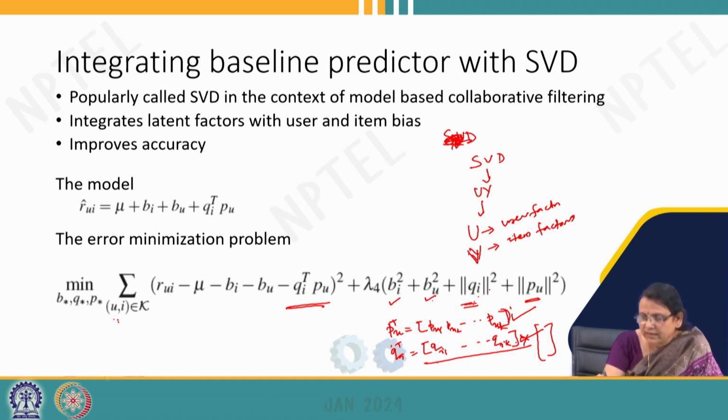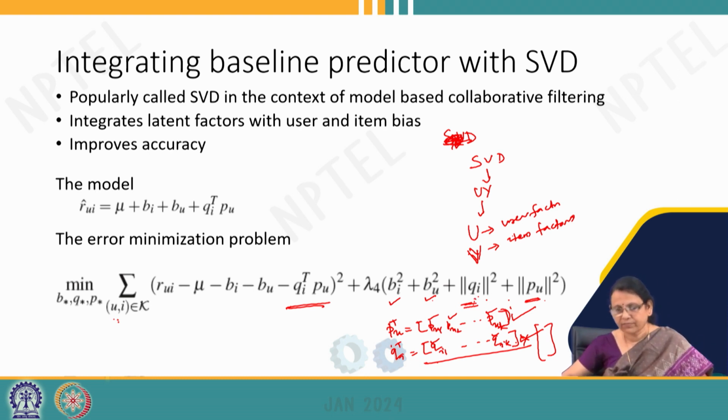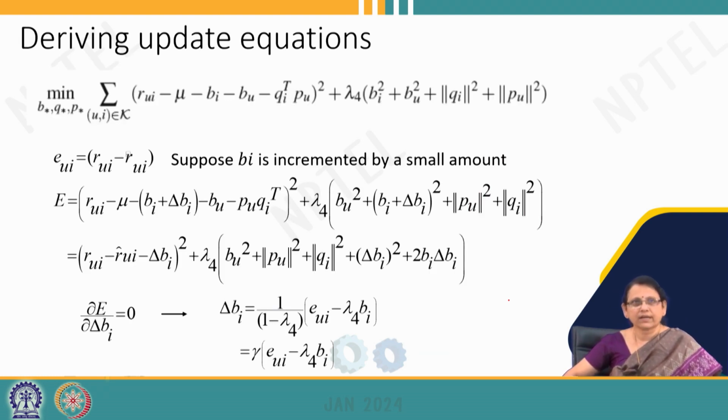So when you take the norm of this, basically what you are doing is taking the individual elements, squaring them and adding them up. Here also individual elements you are squaring and adding them up. So this is the L2 norm of these two vectors. Okay. So now moving ahead, what is the strategy now?